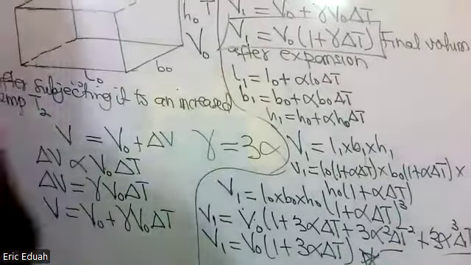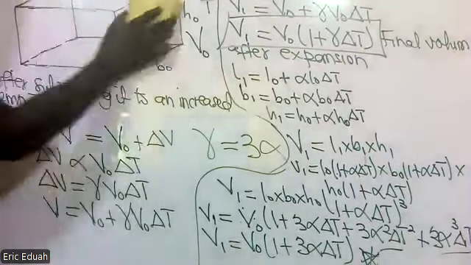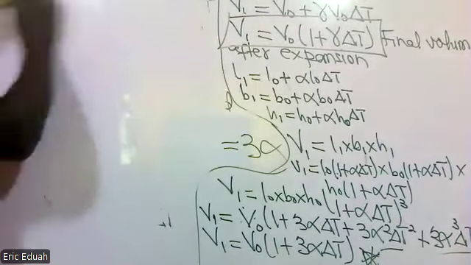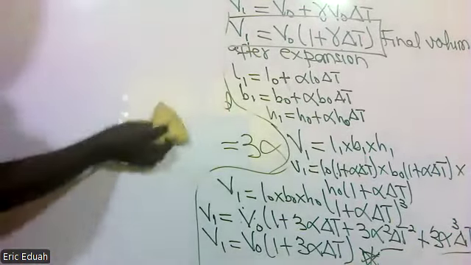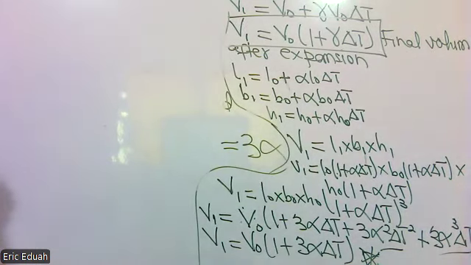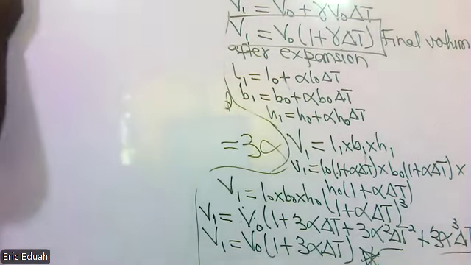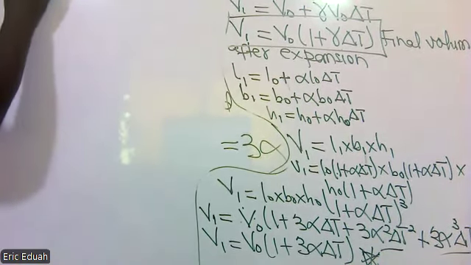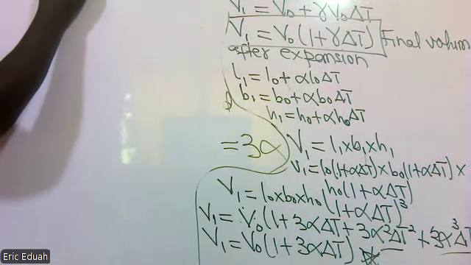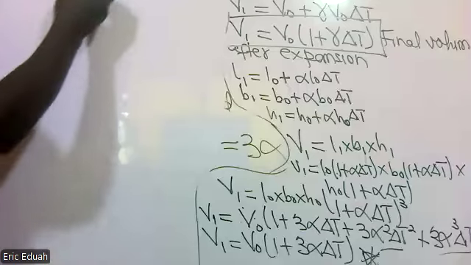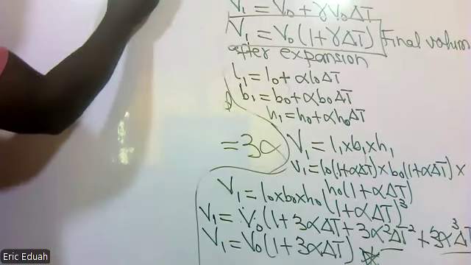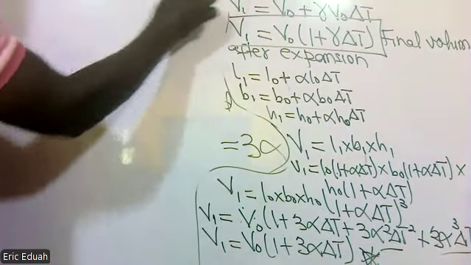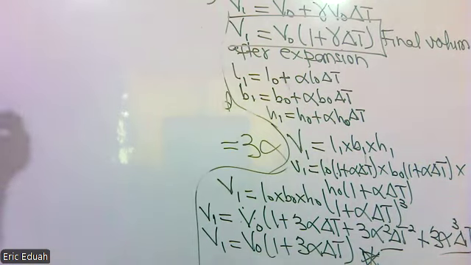When you compare, the conclusion is that you have V naught times (1 plus gamma delta T) equal to V naught times (1 plus 3 alpha delta T).